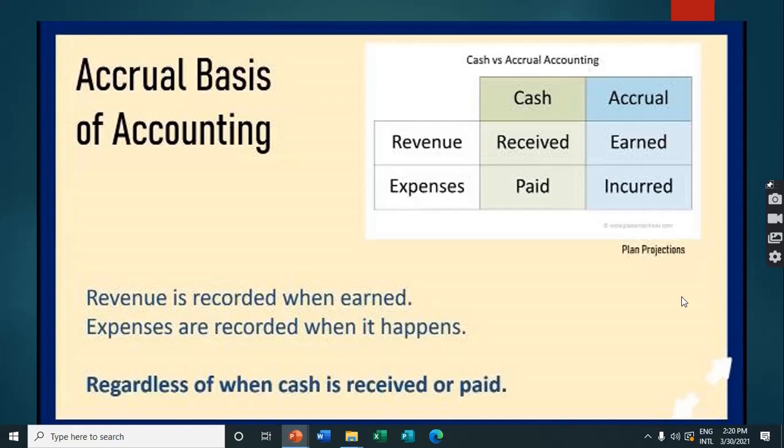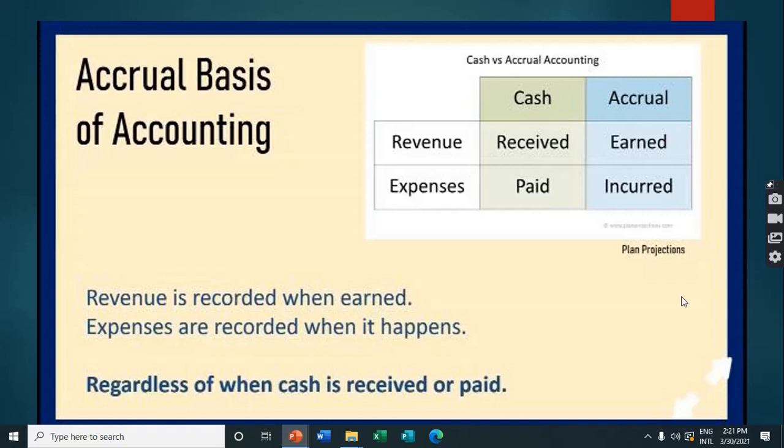Yung transaction mo sa January, you need to record that on January, even though cash is not yet received. And then, if you have expenses also by January, pero nabayaran mo lang siya ng February, i-record mo pa rin siya ng January kasi dun mo siya binayaran.